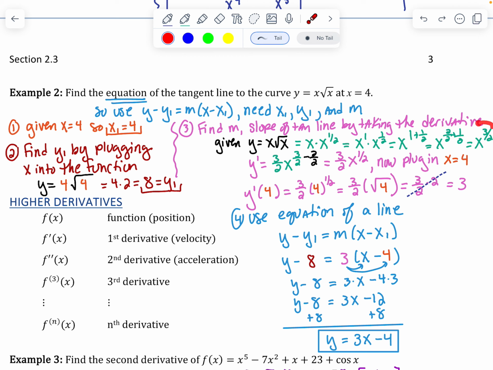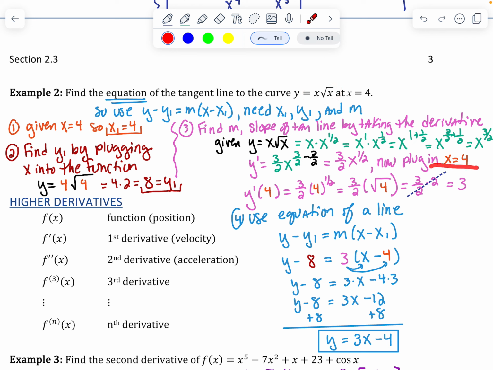Remember, I haven't taken a derivative. All I've done is rewritten the question. Now I can take a derivative, so I'm writing y prime, which is my m. I'm moving my exponent out front, and I'm subtracting 1 in the form of denominator over denominator. 3 minus 2 is 1 over that same denominator. Now remember though, this is just y prime, the generic slope of all the tangent lines to our function, but I don't want any slope of a tangent line.